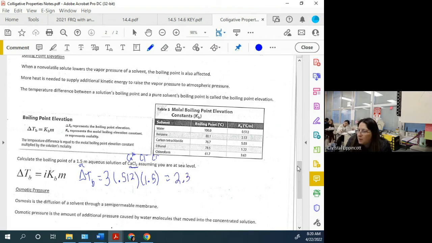This time, this is elevation, so instead of subtracting, we are going to add. 102.3 degrees Celsius.